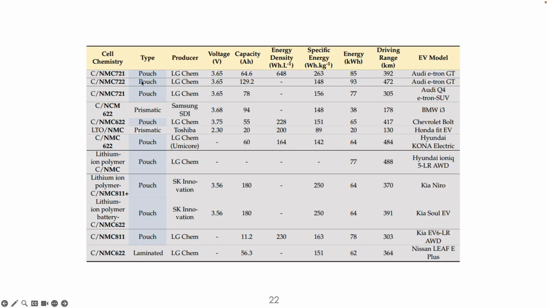So when I see NMC 721, that's saying this particular lithium-ion battery chemistry has 7 parts nickel to 2 parts manganese to 1 part cobalt, versus 622, which is 6 parts nickel, 2 parts cobalt, 2 parts manganese. That's what these numbers are referring to in these tables. Okay.